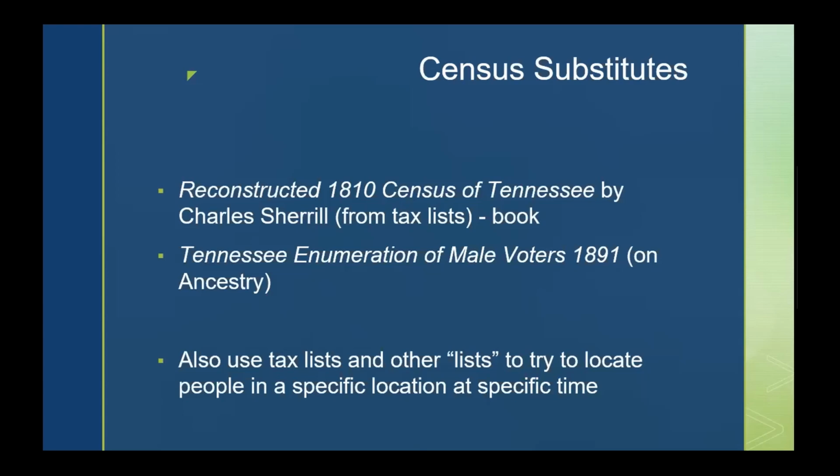This is an effective substitute for the 1890 census, and that has been put online at Ancestry. You can also use tax lists and other types of lists to try to locate people in a specific location at a specific time. That would somewhat be a substitute for the census.